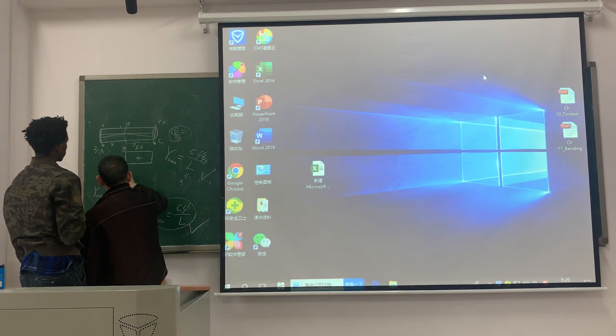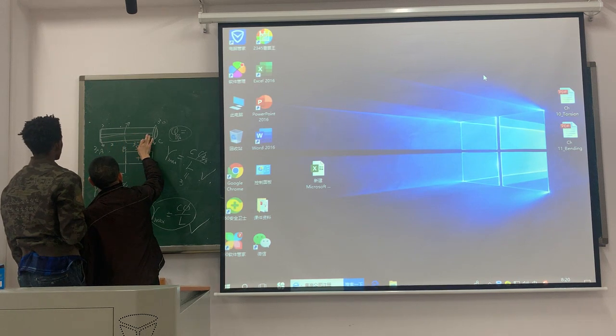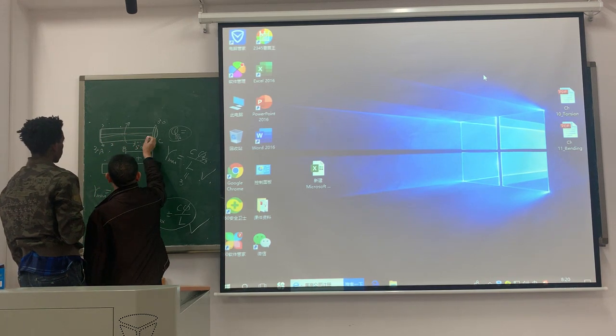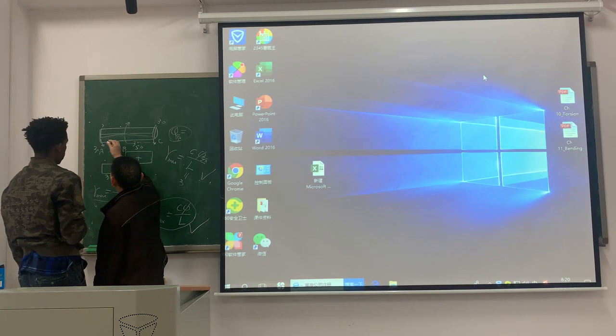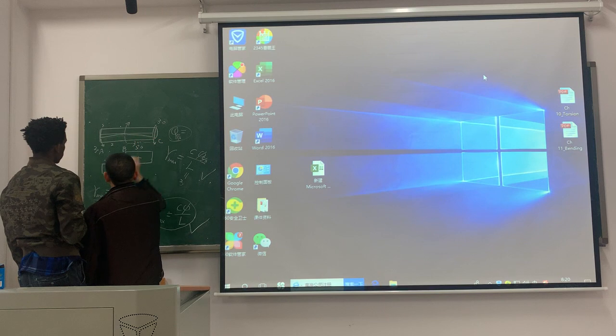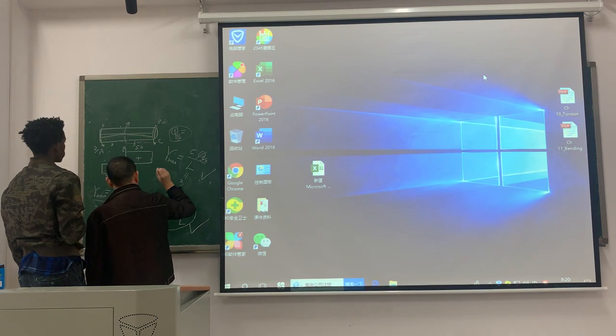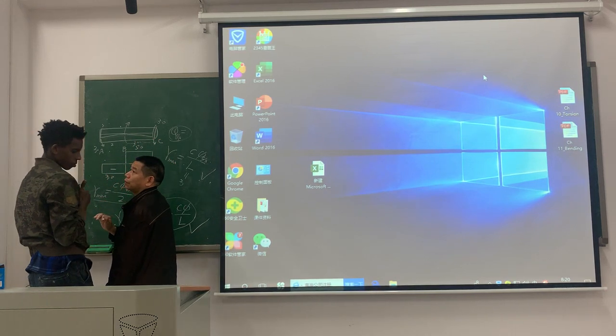But just the 4 more part is a straight line. So you can use this formula. But it's not a straight line, so the formula can be used. Understand?